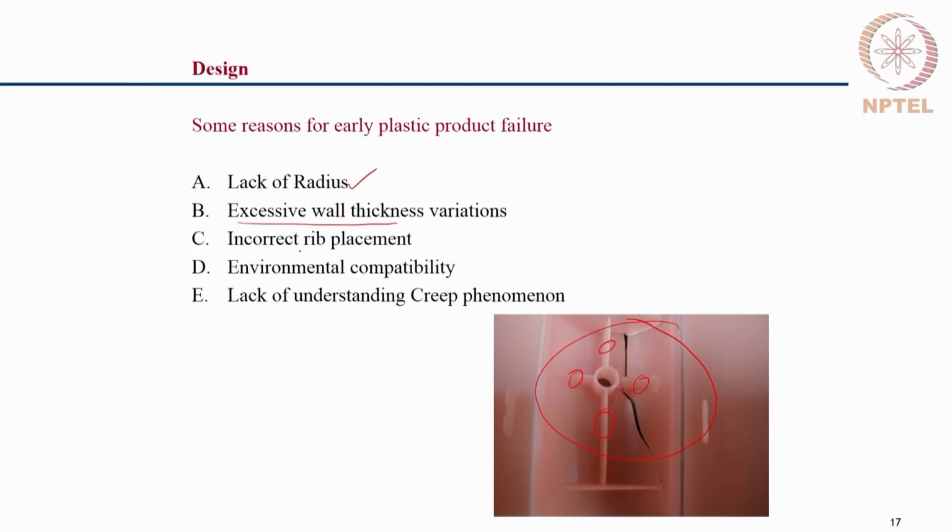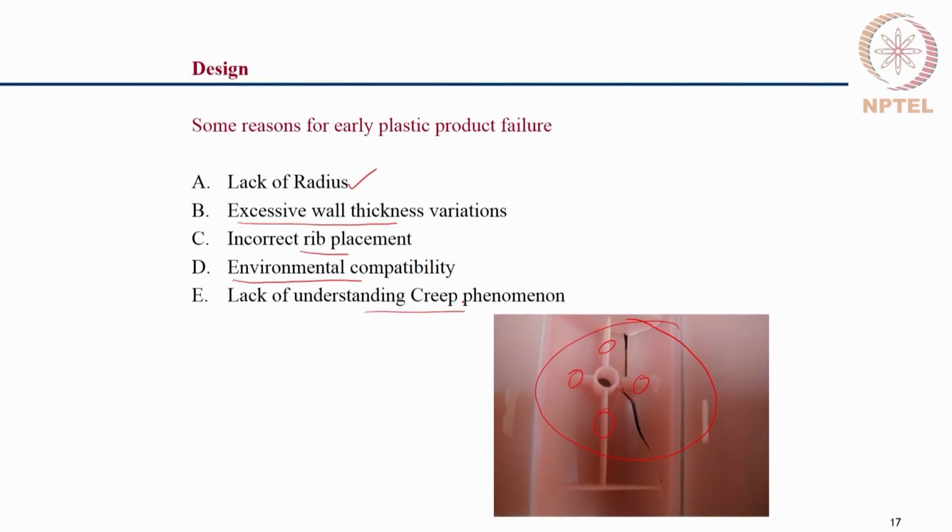The placement of ribs is important. Also, if the material is not chosen considering the various environmental conditions in which the component has to serve, then the component can fail.